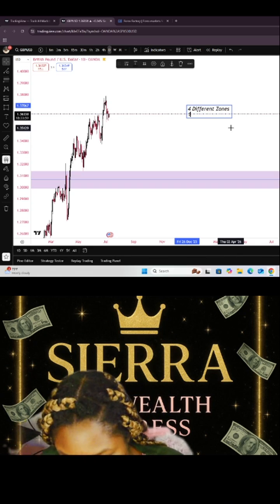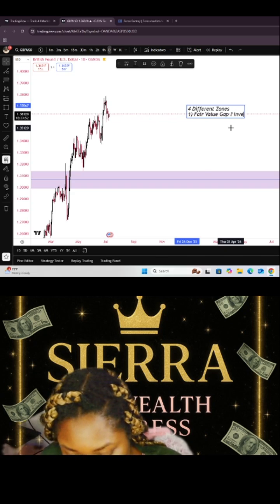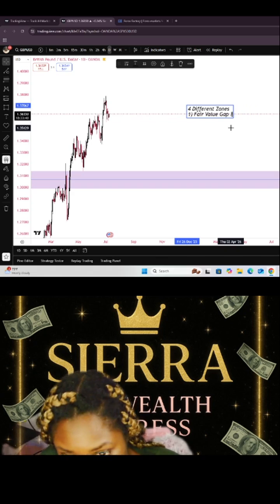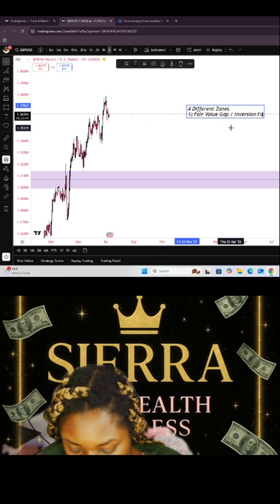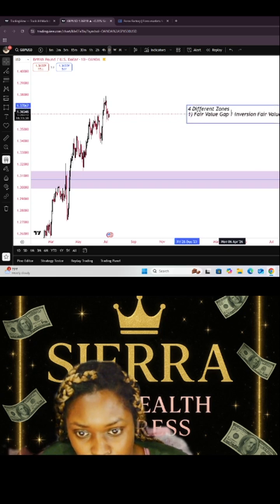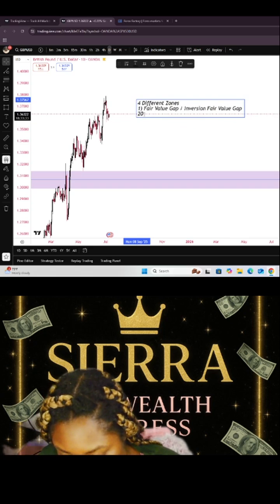Our first is fair value gap and inversion fair value gap. I can't get none of my symbols right. All right. And then we have supply and demand.